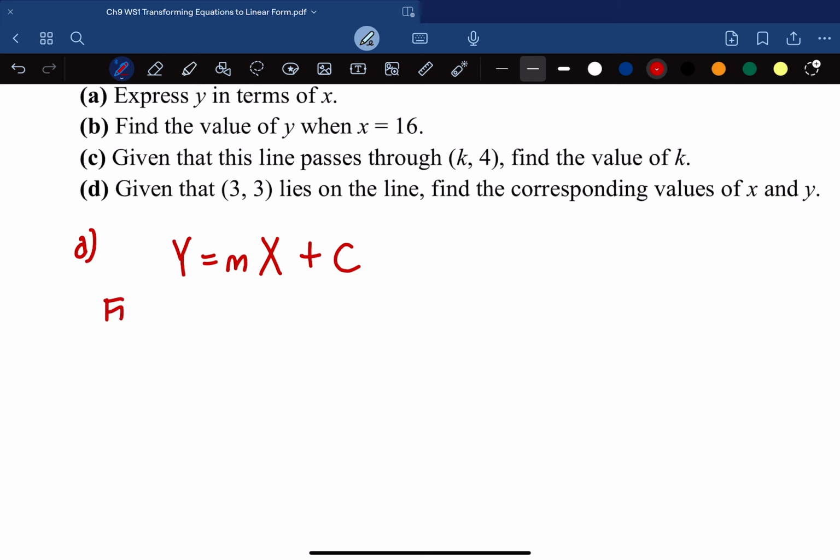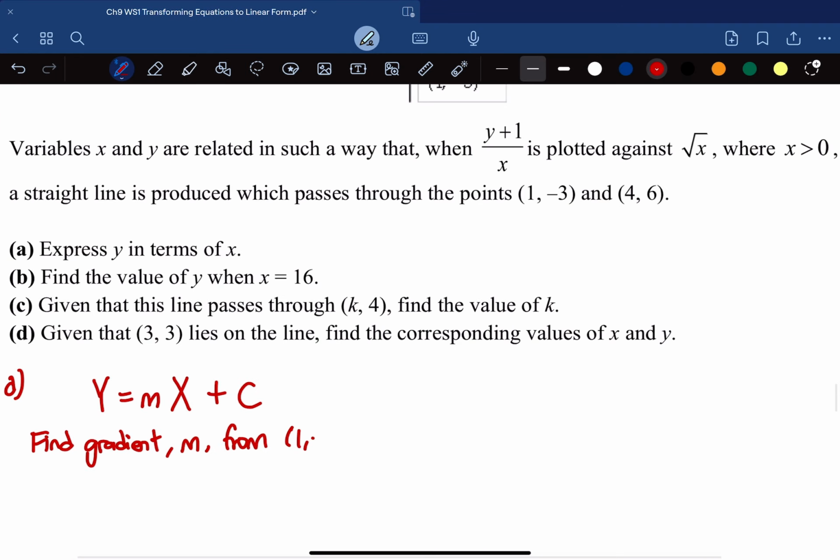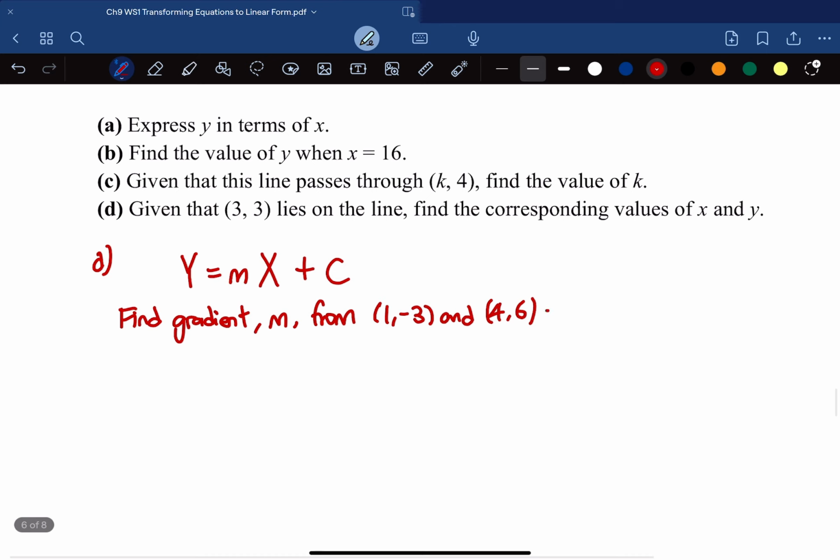Next step is find gradient m from these 2 points, which are 1, -3 and 4, 6. The gradient m is y2 minus y1, 6 minus -3, over 4 minus 1. You'll get 9 divided by 3, which is 3. So I found that m is equal to 3.